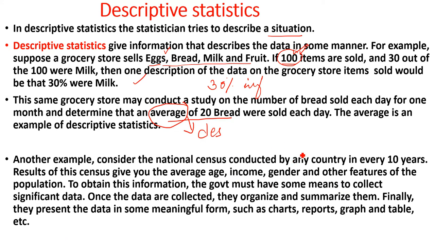When countries do their census, they collect their data, organize the data, summarize the data, and at the end they present the data in the form of charts, reports, graphs or tables. How many females are there, how many males are there, what is their income, what is their age. So whenever they present their data, or you present your data in the form of a chart, report, or graph, it will be considered descriptive statistics.